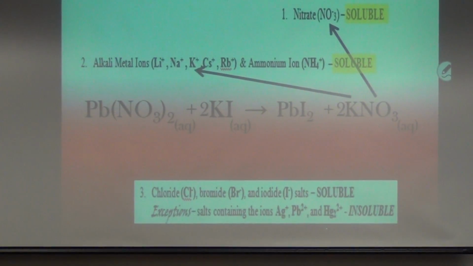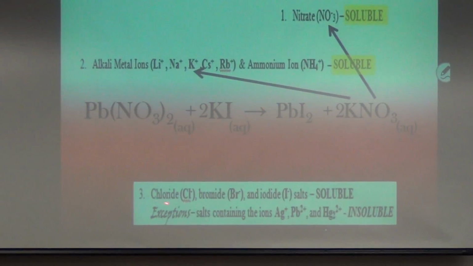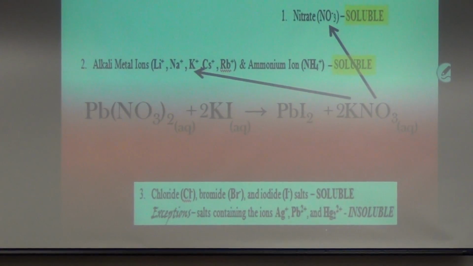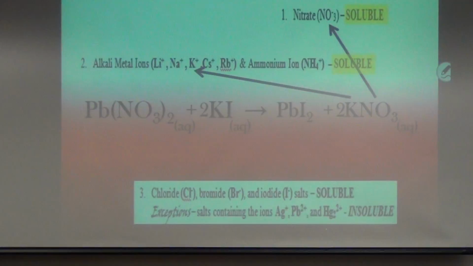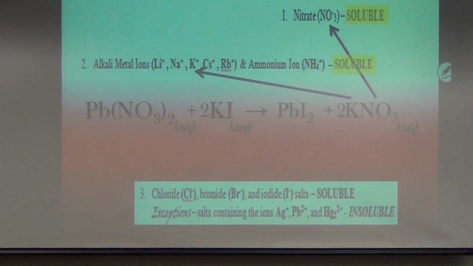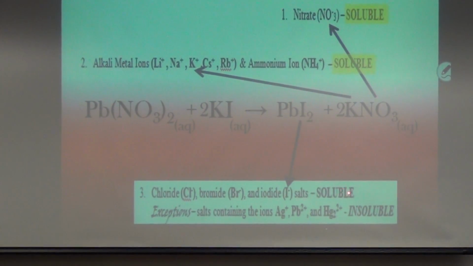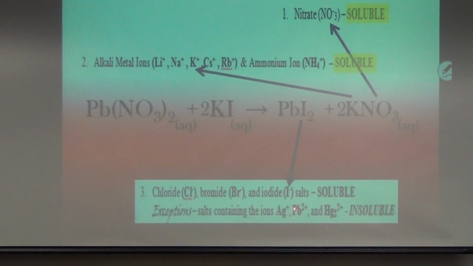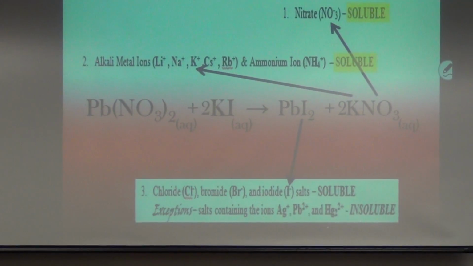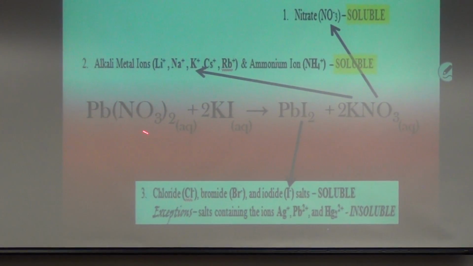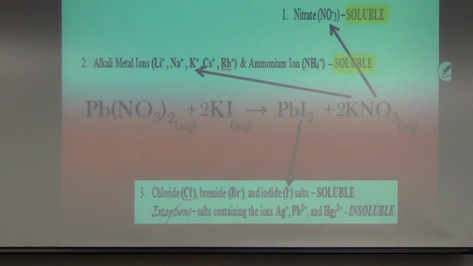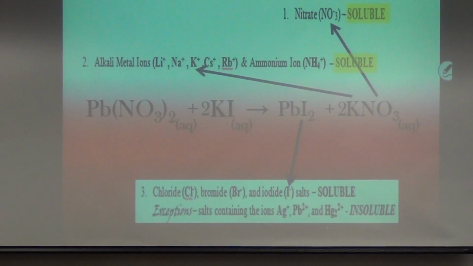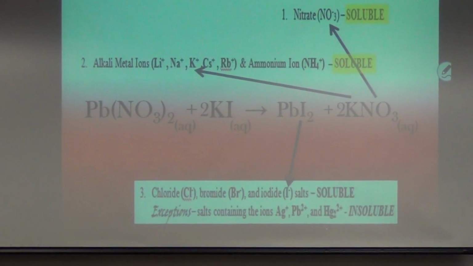So let's look at our next rule. Next rule deals with our halogens. Iodine is a halogen. Iodine, or the halogens, are soluble. Except, hold your horses, except when we got silver, lead 2+, which is a big deal because we identified it was lead 2 over there, or mercury 2.